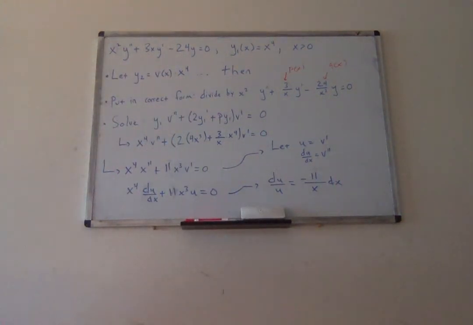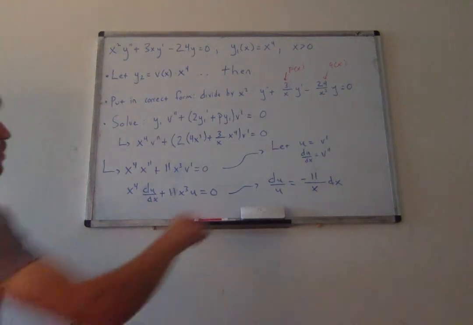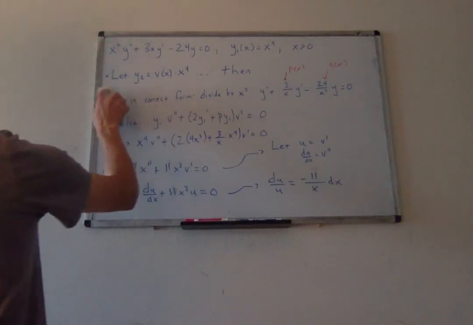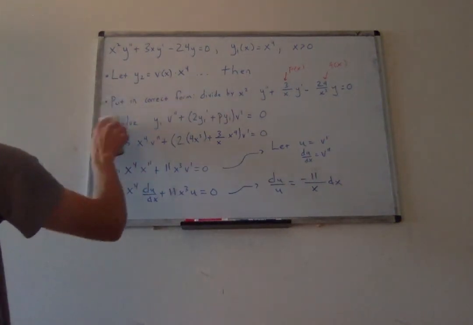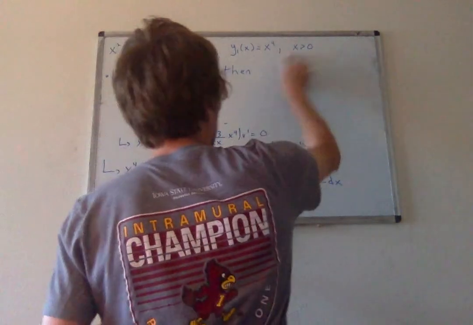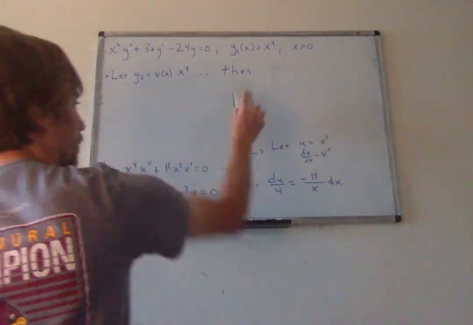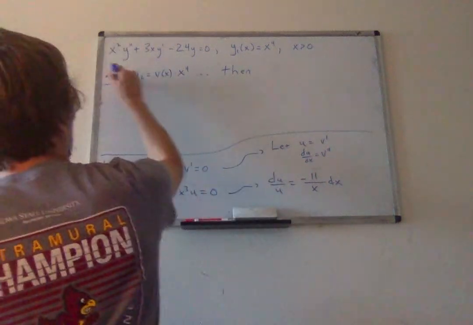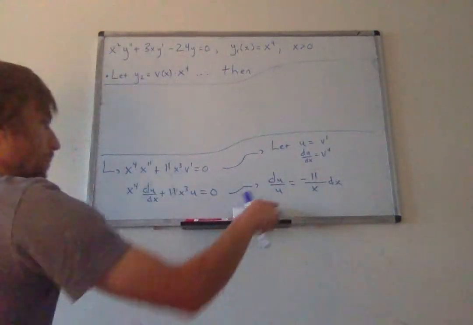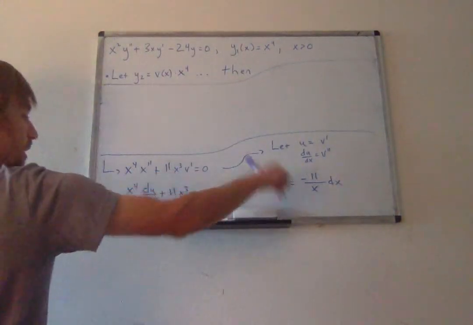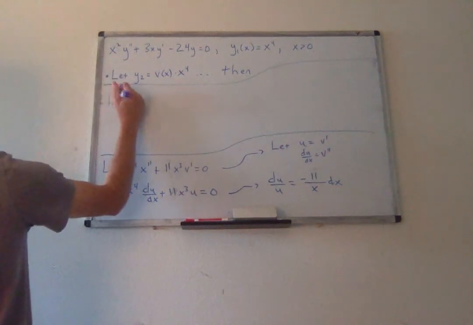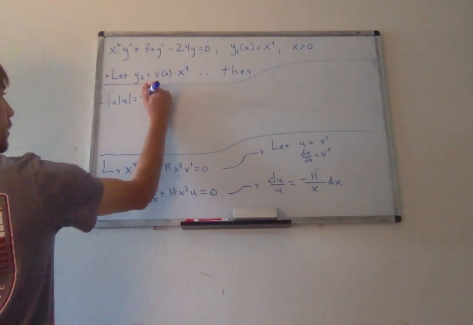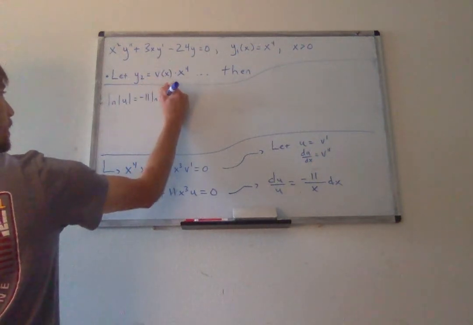And so now we can start solving. To save a little bit of room, maybe I will start working my way back up here, so maybe we'll erase these two things. So solving this differential equation, we get ln u is equal to negative 11 ln x.